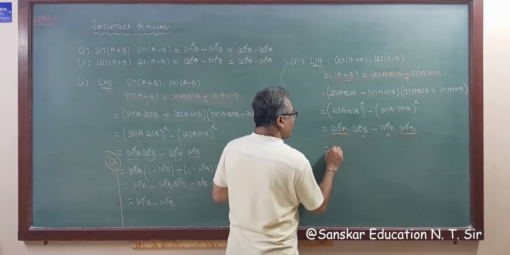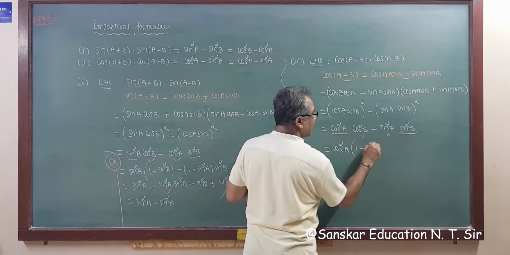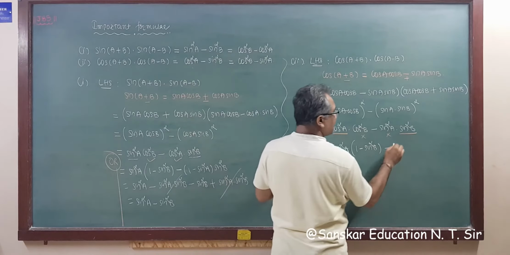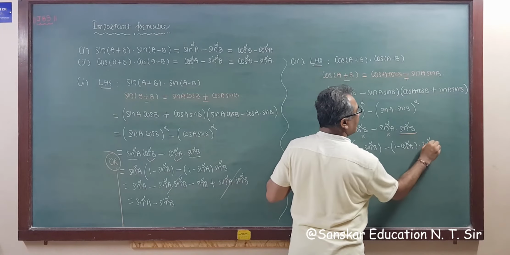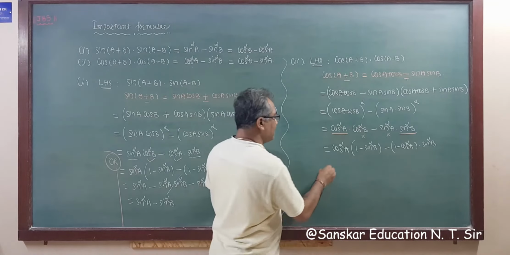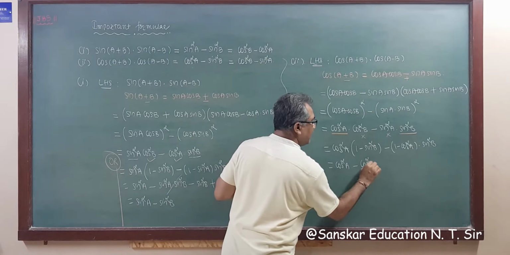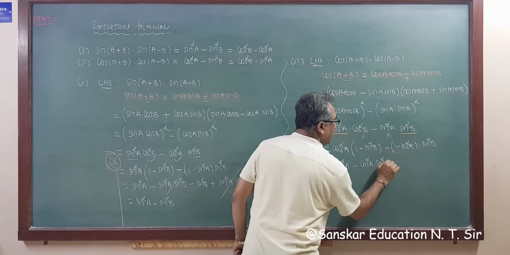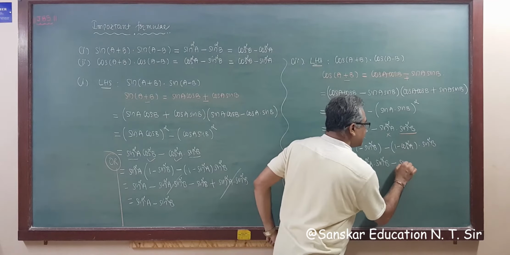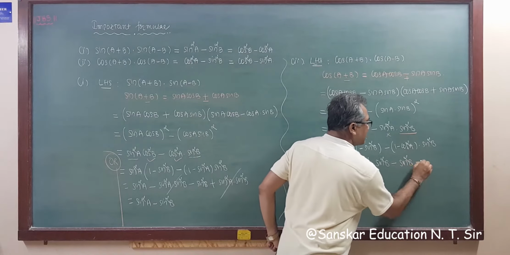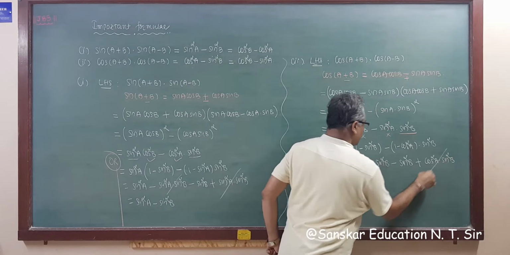So changing this cos square A, now changing cos into sin, 1 minus sin square B, minus this is 1 minus cos square A and this is sin square B. So after multiplying, we get cos square A minus cos square A sin square B, minus 1 into sin square B, so minus sin square B, and minus minus plus cos square A into sin square B. So this will be cut.